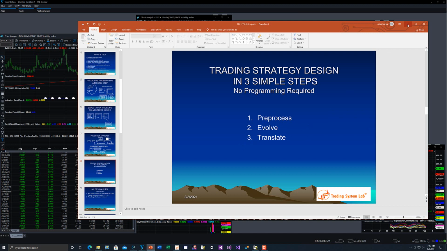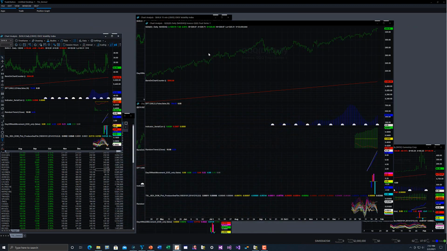So let's go ahead and do an example here. Here is the QQQ ETF. This data is approximately 22 years worth of data, and we're going to design a short-term system that will buy this index and then exit it. Now, this is just one symbol. If you're a Trading System Lab user, you'll be designing many trading strategies on many different markets and implementing them as a portfolio of market models.